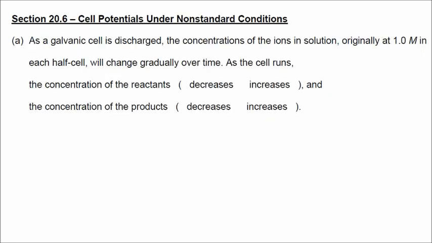Now we're on to section 20.6, cell potentials under non-standard conditions. As a galvanic cell is discharged, the concentrations of the ions in solution, originally at 1 mole per liter, will gradually change over time. As the cell runs, the concentration of the reactants decreases and the concentration of the products increases.